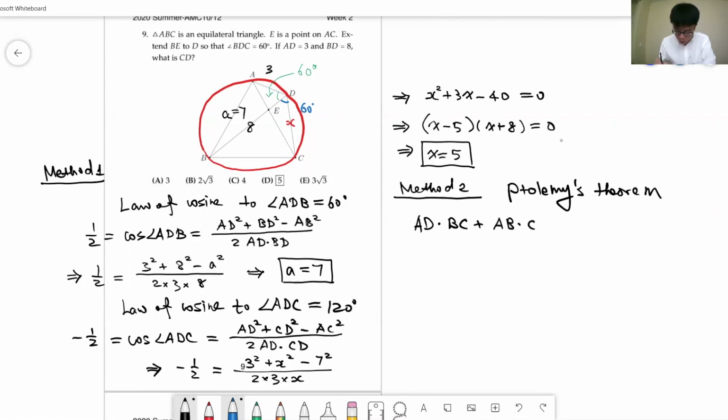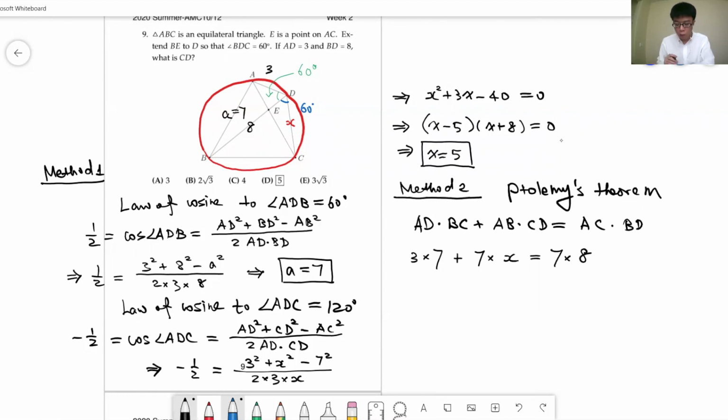AB times CD equals the product of the diagonals, which is AC times BD. So here we have AD times BC is 3 times 7, plus AB, which is also 7, times CD. CD is what we want to solve, X. This equals AC, which is 7, times BD, which is 8.